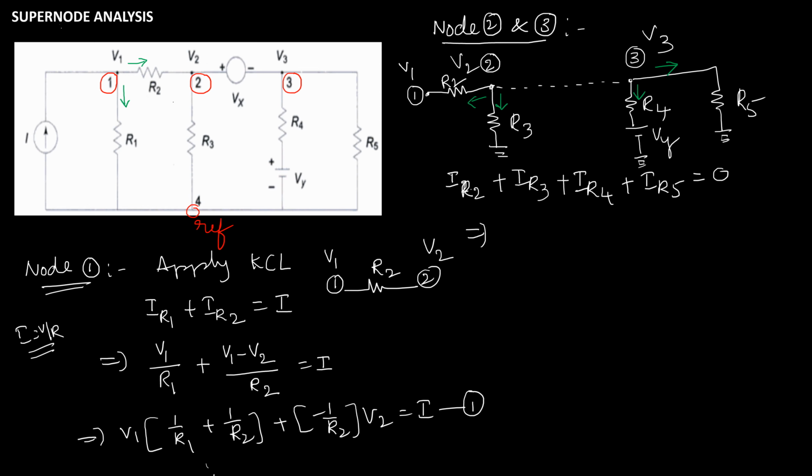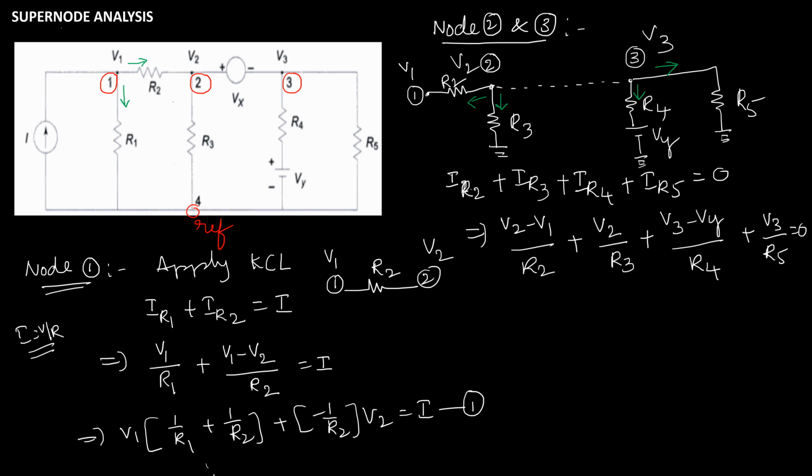Now it's a normal technique. What is the current flowing through R2? Simply (V2 minus V1) by R2, because we are writing for node 2 here. Now the current flowing through R3, that is V2 by R3, plus R4 current, (V3 minus Vy) by R4, plus V3 by R5, equal to 0. So keep the V1 term separate, V2 term separate and V3 term separate.